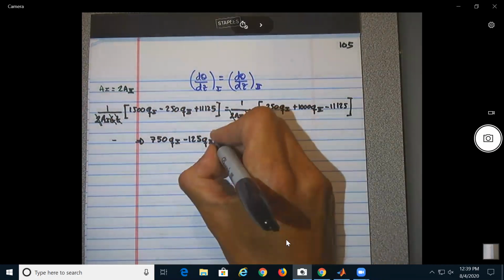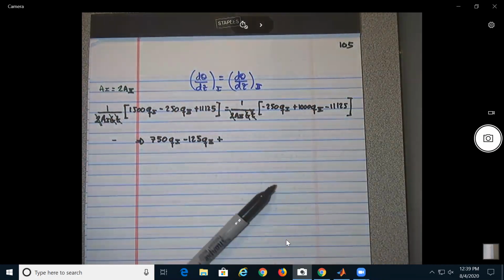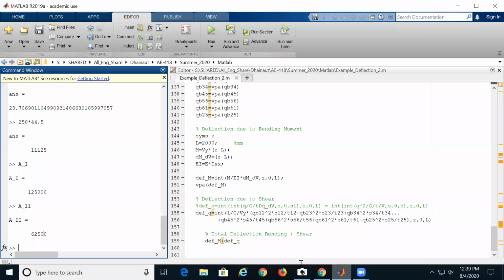Q2 plus, let's see, 11,125 divided by 2 will give us 5,000.